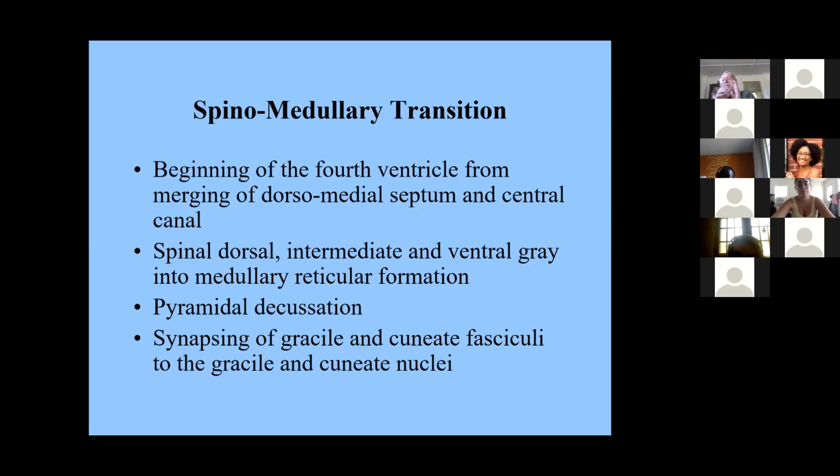Okay? So what is basically going to happen in the spinomedullary transition? The central canal is going to move more and more superiorly as we move rostrally. And then conversely, the dorsomedial septum, which is a thin sulcus, will now start to blossom and open like this, like a chevron, so that eventually the central canal and the dorsomedial septum will merge and open into that horizontally aligned fourth ventricle.